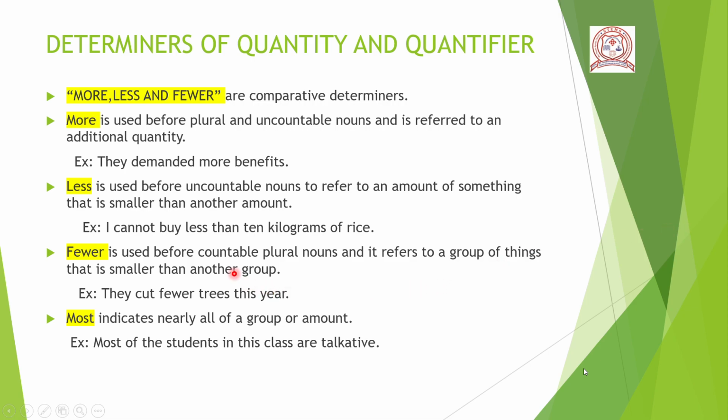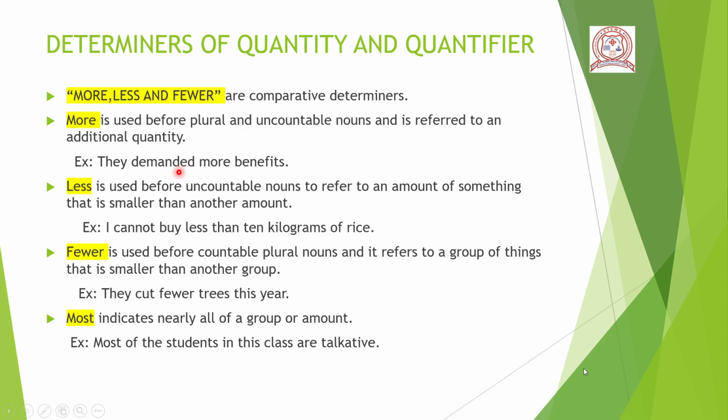Coming to the next, more, less, and fewer are comparative determiners. Here, more is used before plural uncountable nouns and refers to an additional quantity.